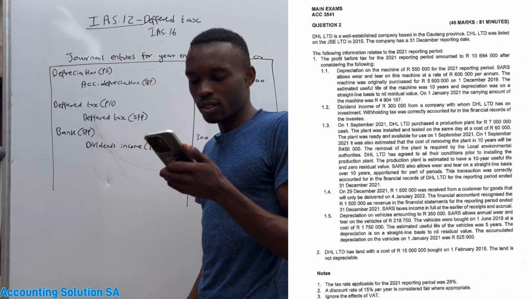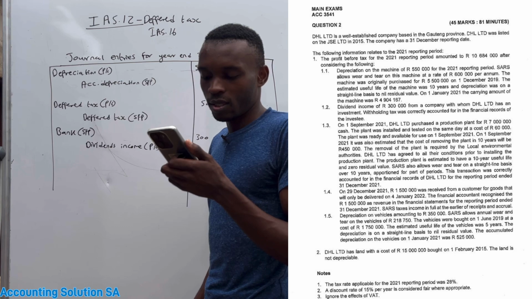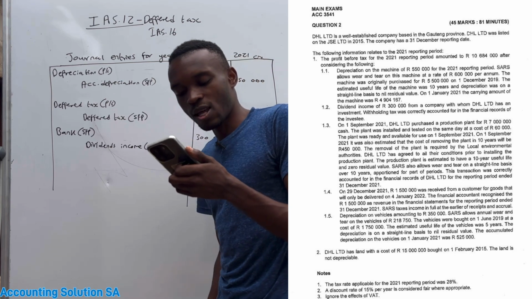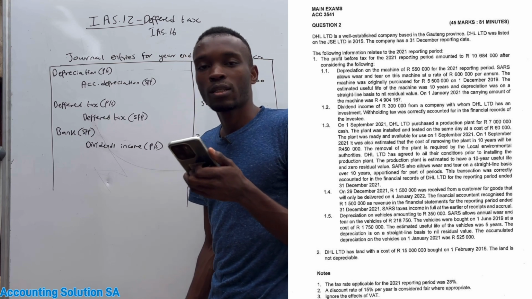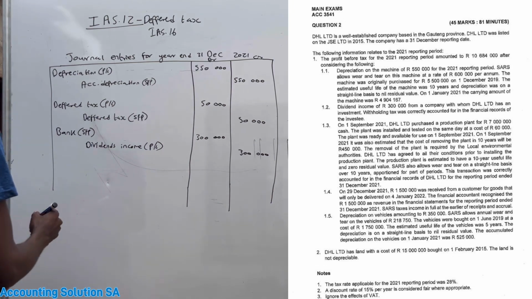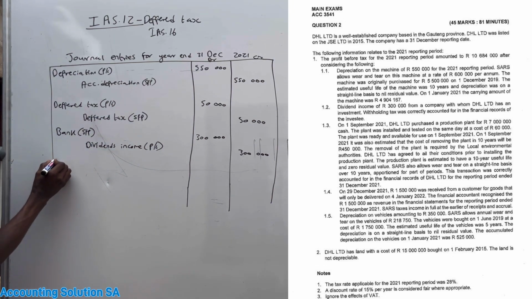It was bought for cash and the plant was installed and tested on the same day at a cost of 60,000. Installation obviously forms part of cost, but we need to recognize this. Okay, now we are going to say, number one, we are going to recognize plant.